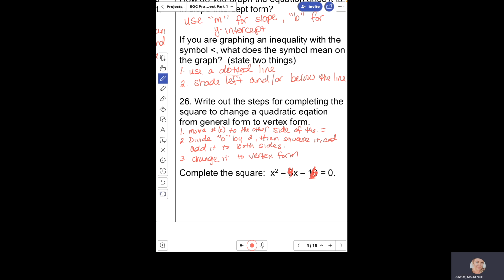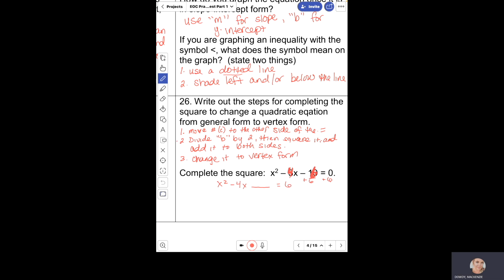Okay, so step number 1 says we're going to move the number to the other side. So we're going to take that -6 and move it to the other side by adding 6 to both sides. So we're going to have x squared minus 4x, and then put a blank here. We're going to add 6 to both sides, so you're going to get equals 6.